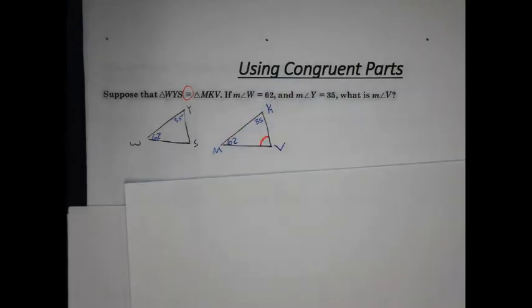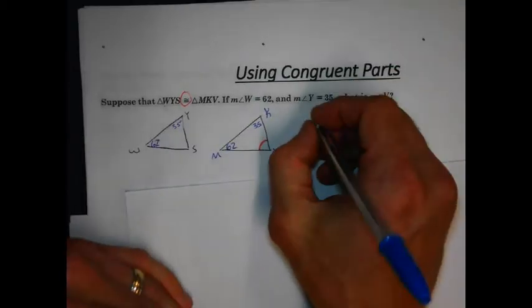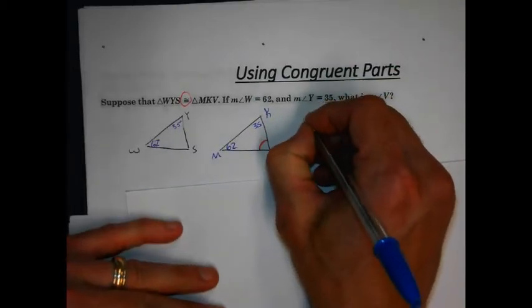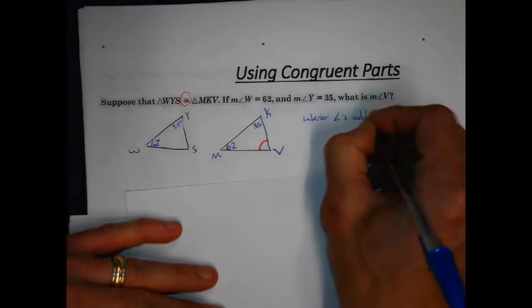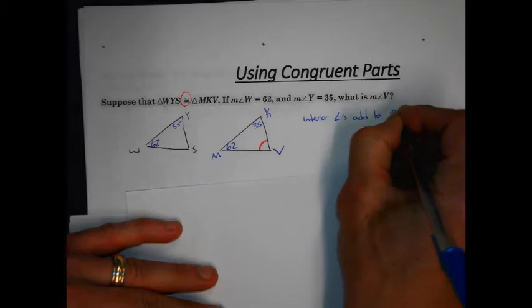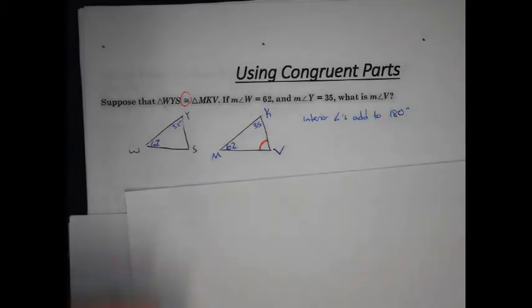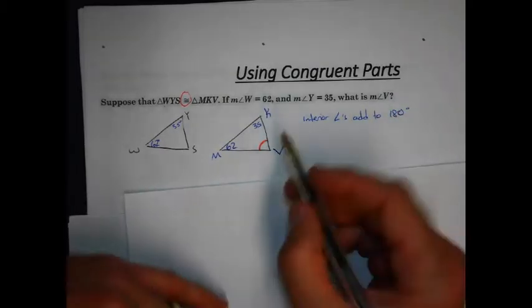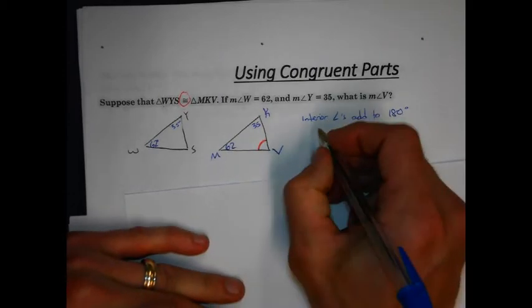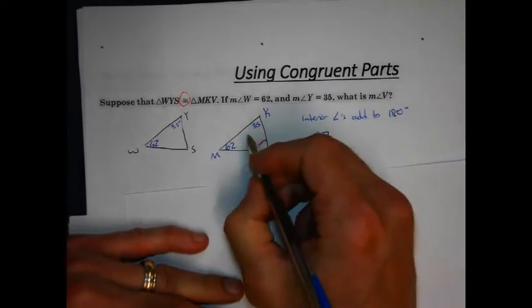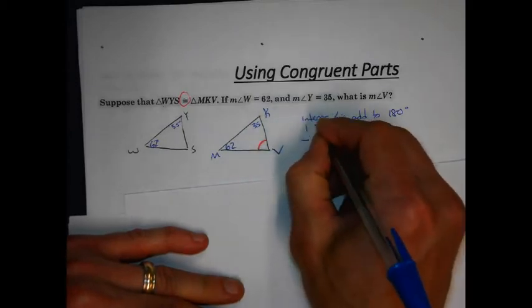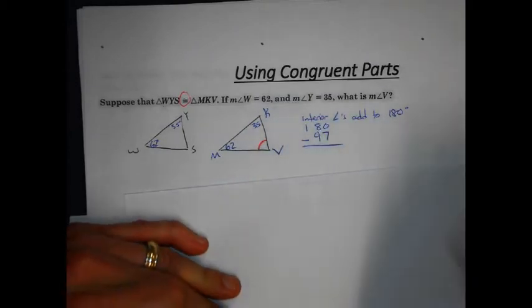Remember, interior angles add up to 180 degrees. It's important to know. So we have our first two angles, 35 and 62. That's 97. If these two add up to 97, all we have to do is subtract that from 180, and we'll have the remaining angle.